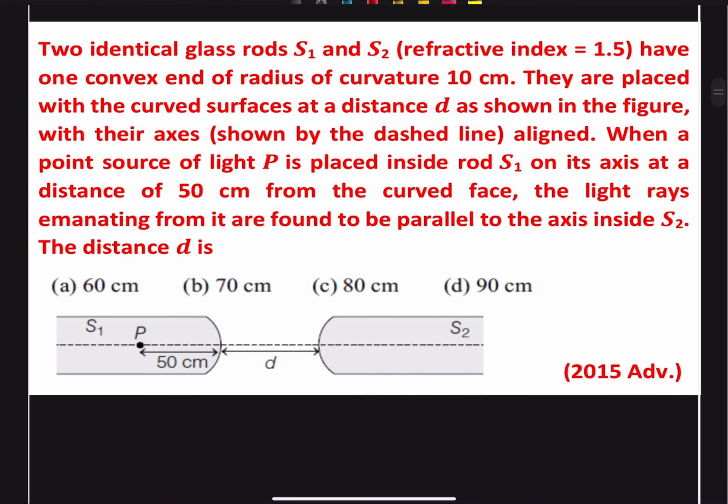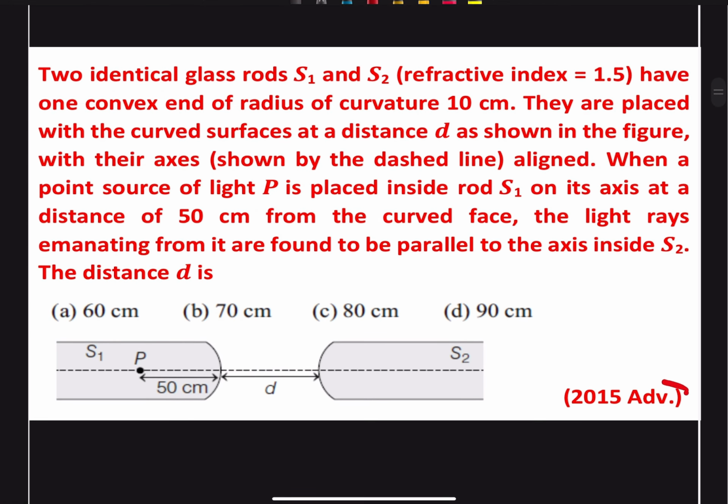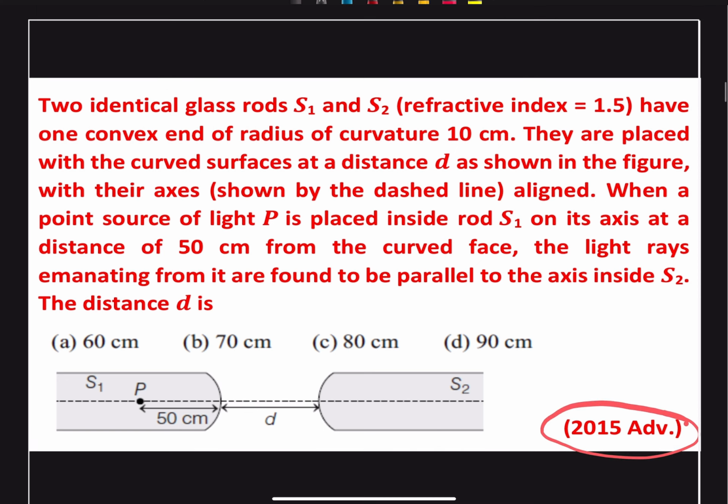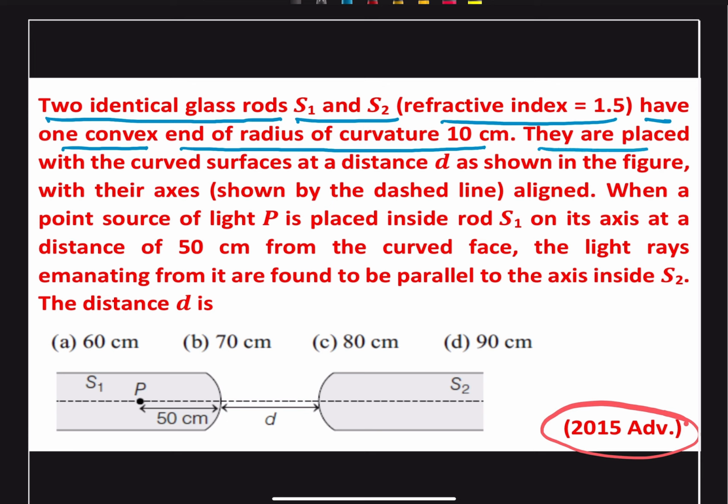Next question. It was asked in the year 2015 Advanced, and it states that two identical glass rods S1 and S2, refractive index 1.5, have one convex end of radius of curvature 10 cm. They are placed with the curved surfaces at a distance d as shown in the figure, with their axes shown by dashed lines aligned.